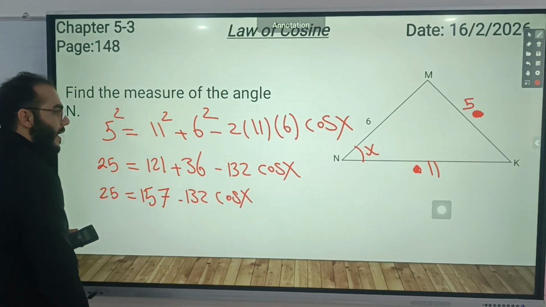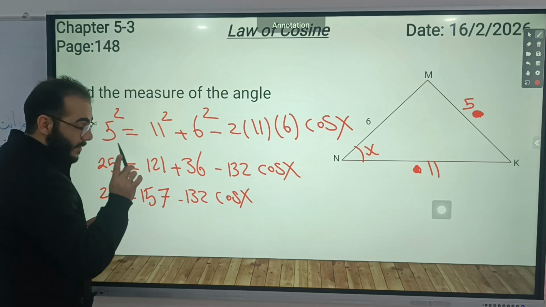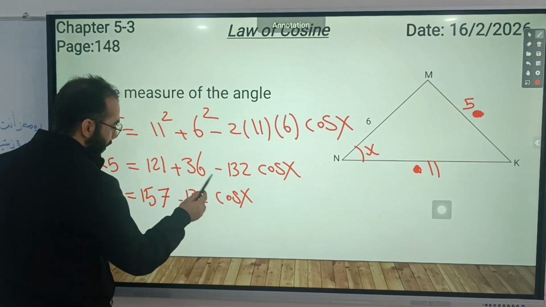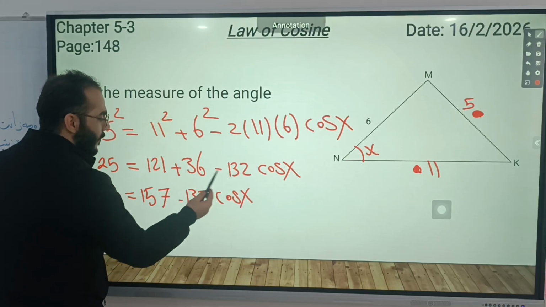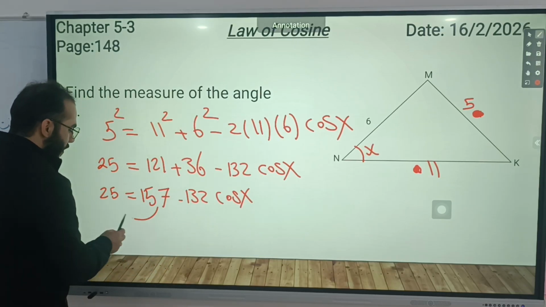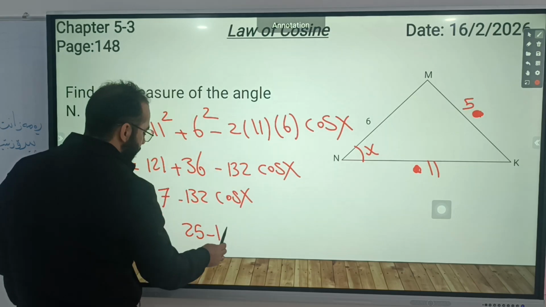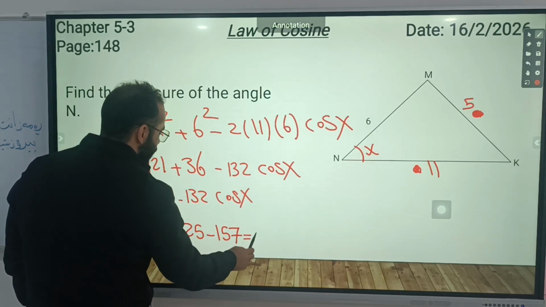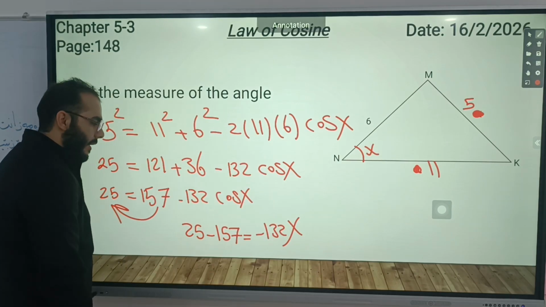Perfect. So right now, don't make the same mistake that I mentioned already. This negative 132 is the coefficient of cosine x. Don't subtract these two. Please move this number to the number side. So it's going to become 25 minus 157 equals negative 132 cosine x.